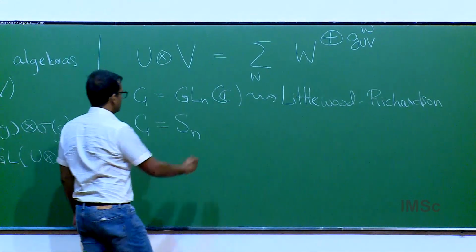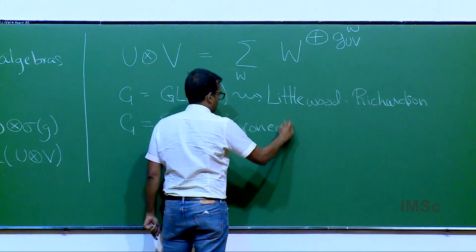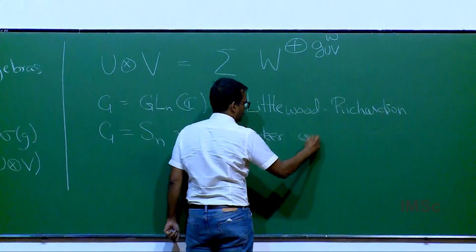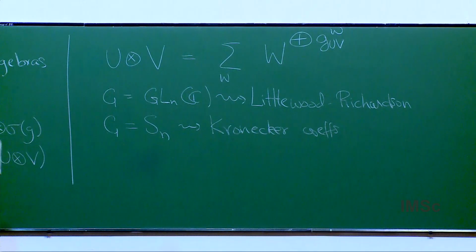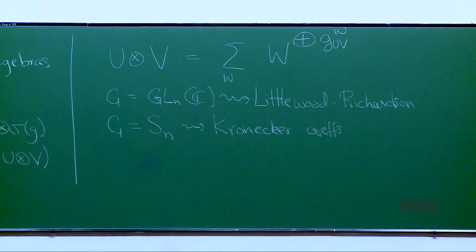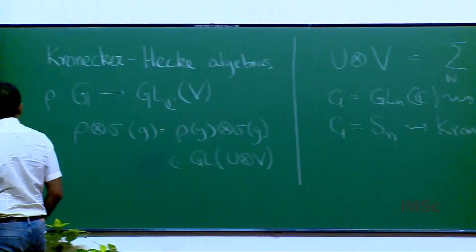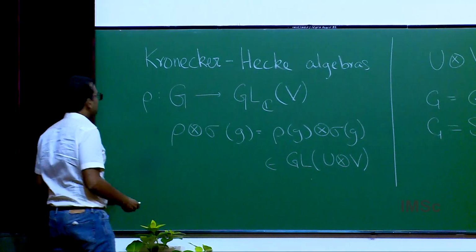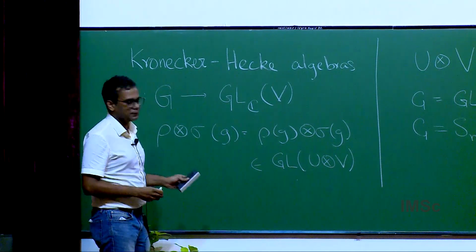So this leads to Kronecker coefficients, and even questions like, can you decide whether a Kronecker coefficient is positive or not? These are difficult problems. Okay, so that explains the Kronecker part, and let me come to the Hecke part.